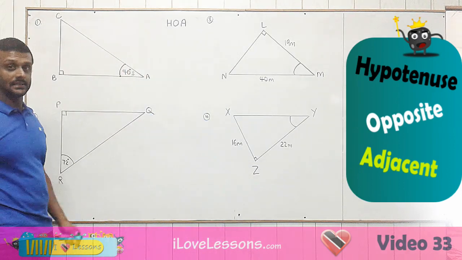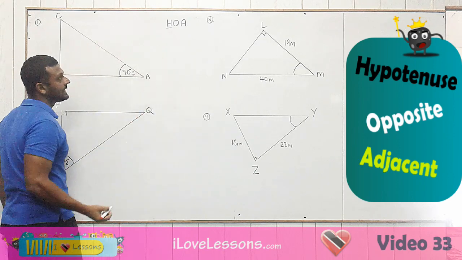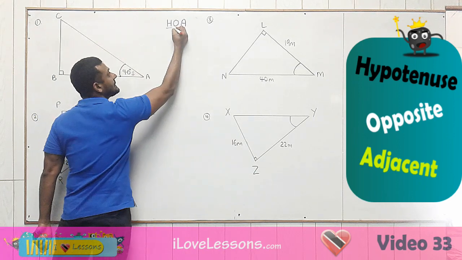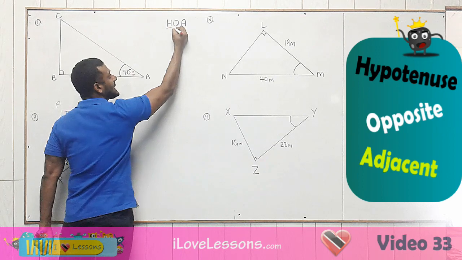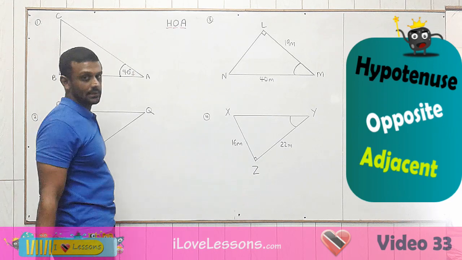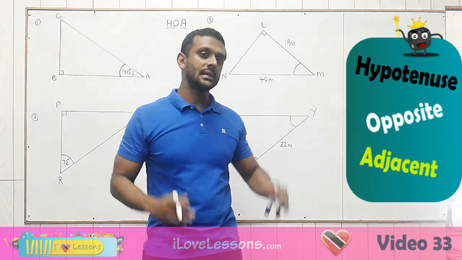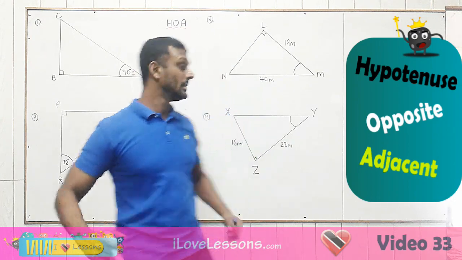Now, in identifying the 3 sides, I always like to identify my hypotenuse first, because the hypotenuse is always the easiest to identify. Wherever I see a hypotenuse, I'm going to put the letter H. Whenever I figure out which side is my opposite, I'm going to put an O, and whichever side is my adjacent, I'm going to put the letter A. Just in case you don't know, adjacent means next to.